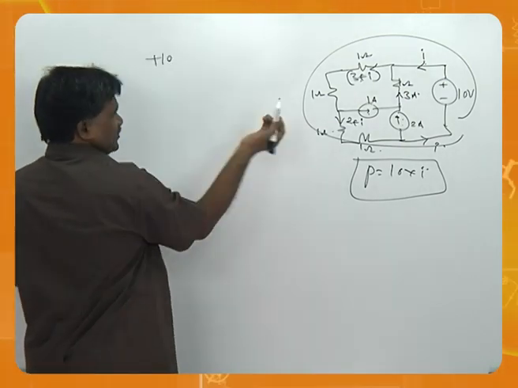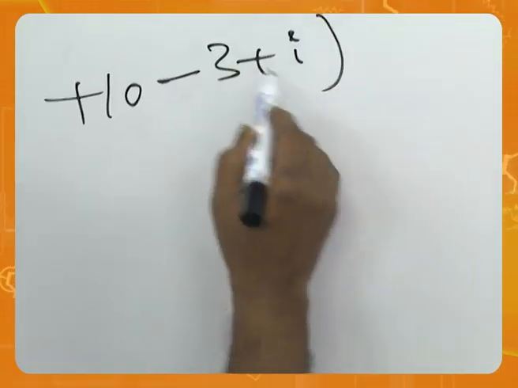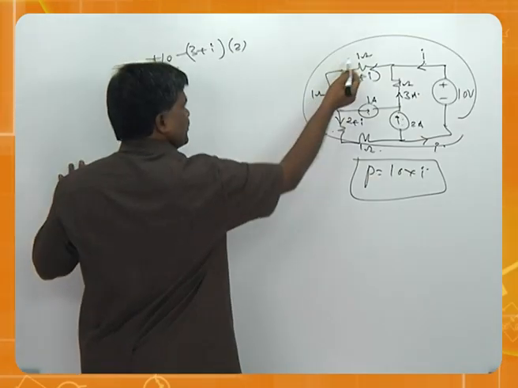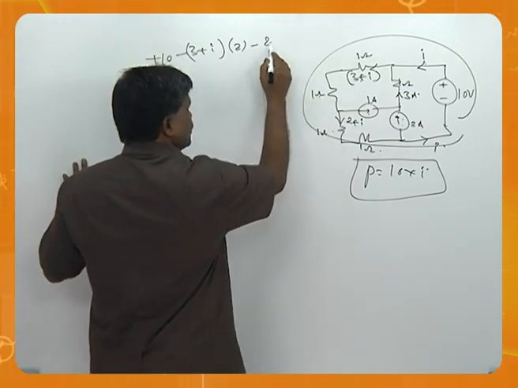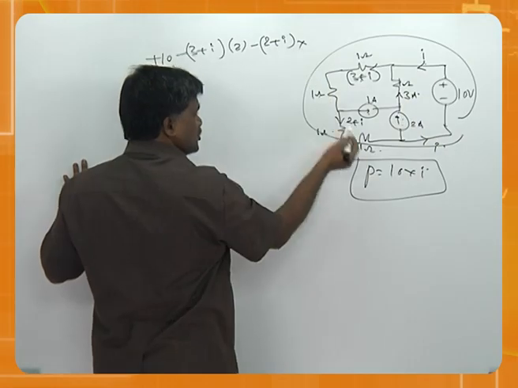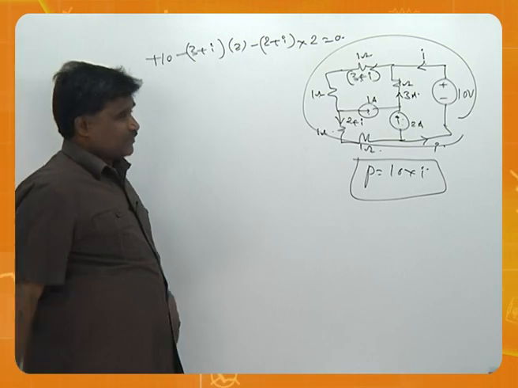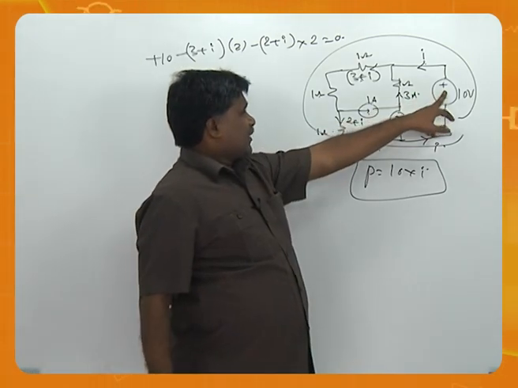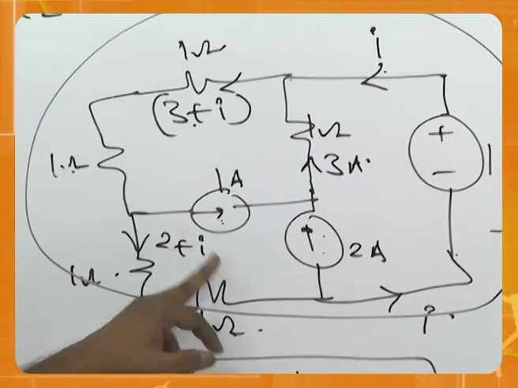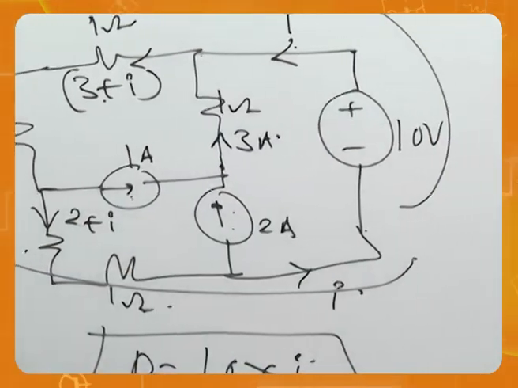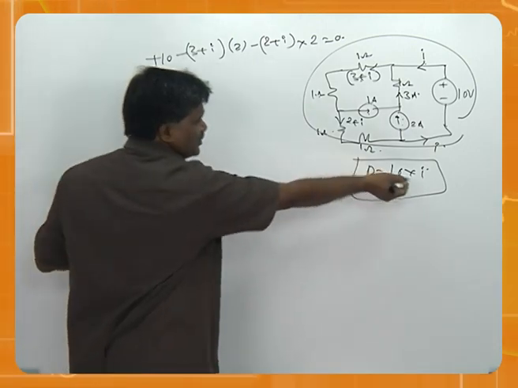This is plus 10 going here, minus 3 plus I into 2, because 1 plus 1 is 2, minus 2 plus I into another 2 is equal to 0. Once again, plus 10, there's a drop here, 3 plus I into 2, 2 plus I into 2 back here. So the only unknown is I. You solve for I, and that I you substitute here.